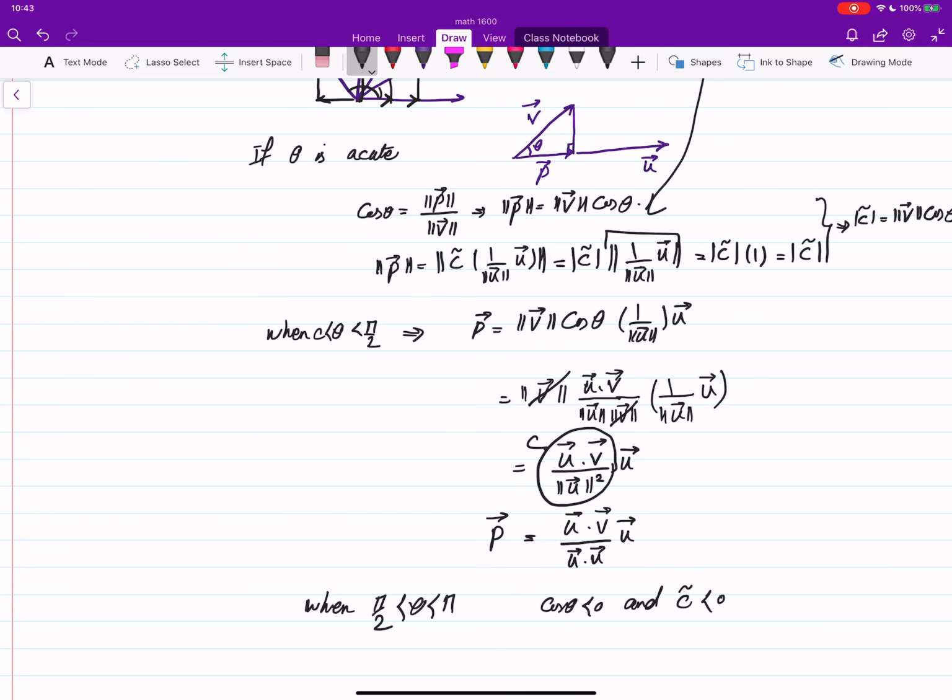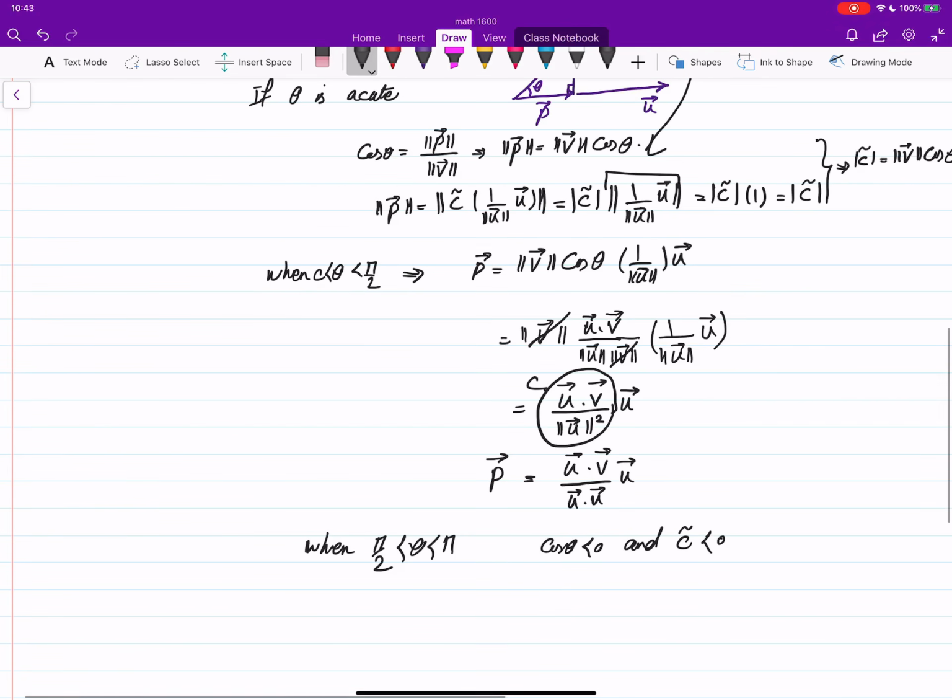So both being negative, a similar computation will still give us that C tilde itself is the length of V times cosine theta. In other words, the negative sign of C tilde will come from cosine itself, so we don't need to be worried about that. And similar computations will give us the same formula.